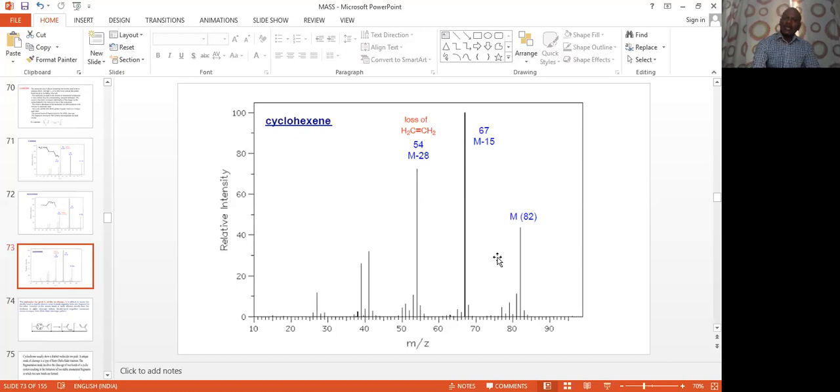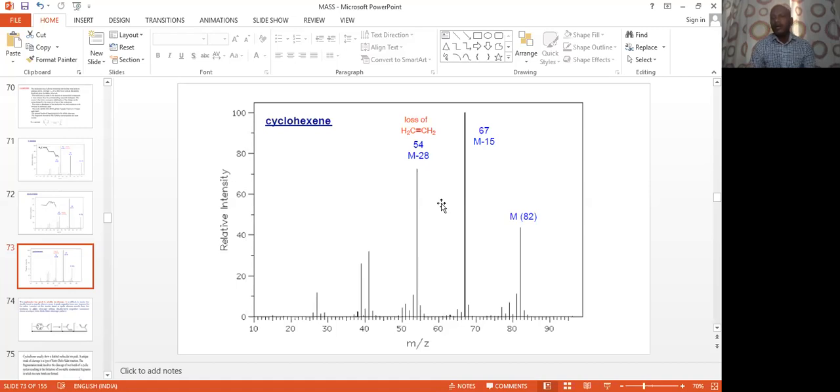Here you can see this is the molecular ion peak of cyclohexene, that is M. This value is 82. 82 minus 15 gives 67, that means 15 represents CH3 here. And then M minus 28, so 82 minus 28.